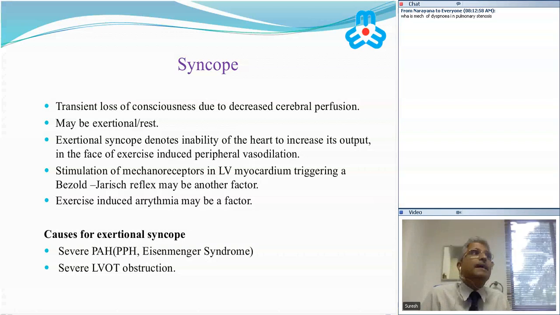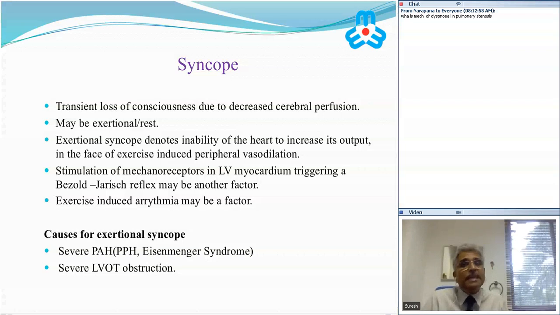There is either an LVOT obstruction or an RVOT obstruction or severe PAH, hence the heart does not increase its output. So which means that in the face of peripheral vasodilation, the heart cannot increase its output, and hence the brain suffers, hence syncope.